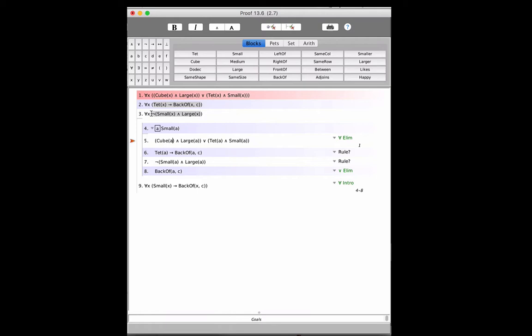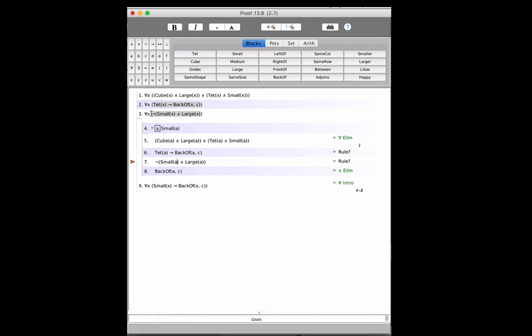All right, so let's look at what we've got. We've got a disjunction at line 5. That should be a cue to disjunction elim. In addition, you know that you want to dismantle the arrow at line 6. If you have small A, then you can eliminate the arrow and get back of AC.